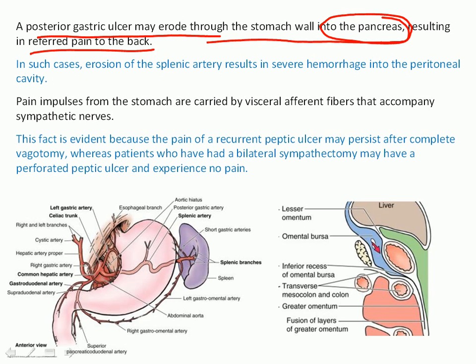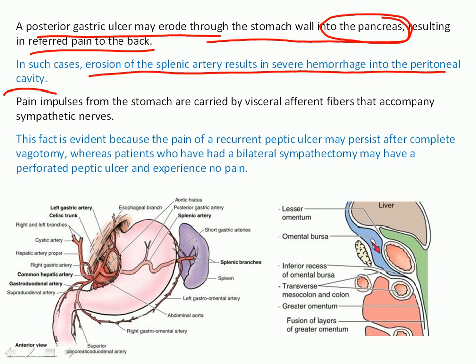So patients with gastric ulcers who have this type of pain are always under suspicion that the peptic ulcer has started to cause inflammatory changes in the pancreas, which we call pancreatitis. In such cases, erosion of the splenic artery results in severe hemorrhage into the peritoneal cavity.